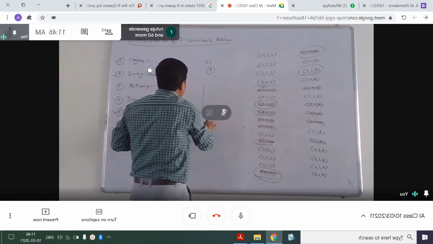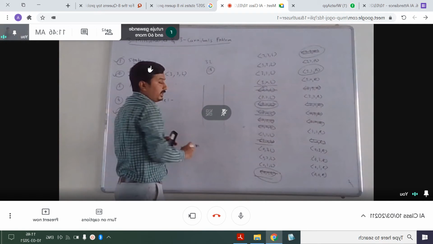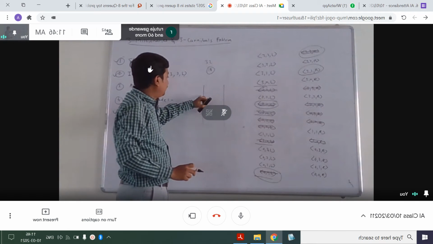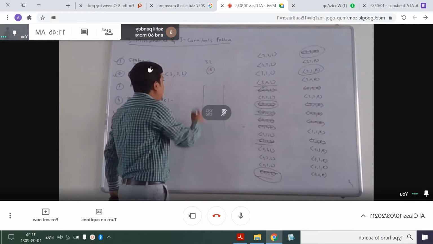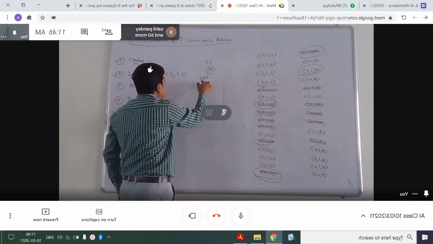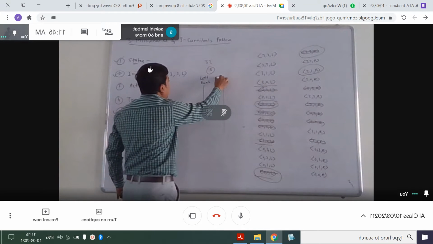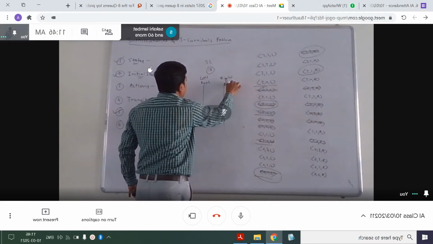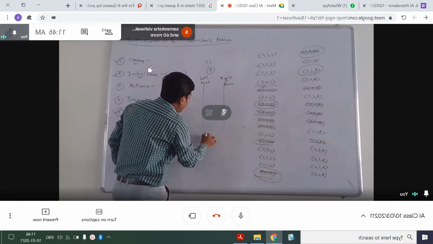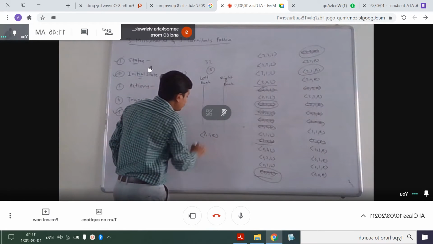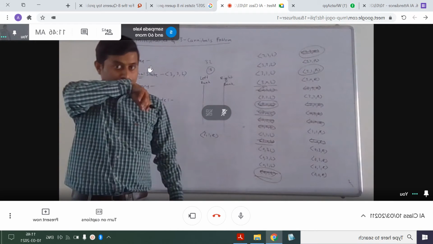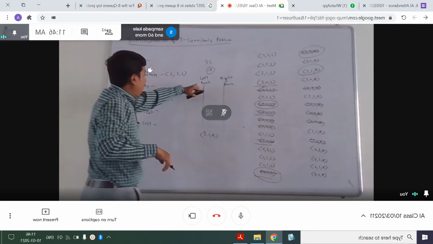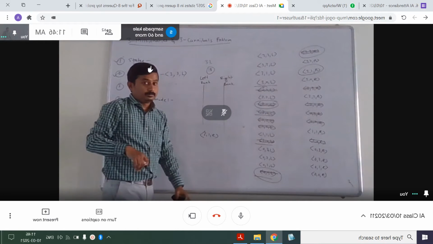31R means what? How many missionaries will be on the left bank? I am talking about 31R. How many missionaries will be on left bank? 0.